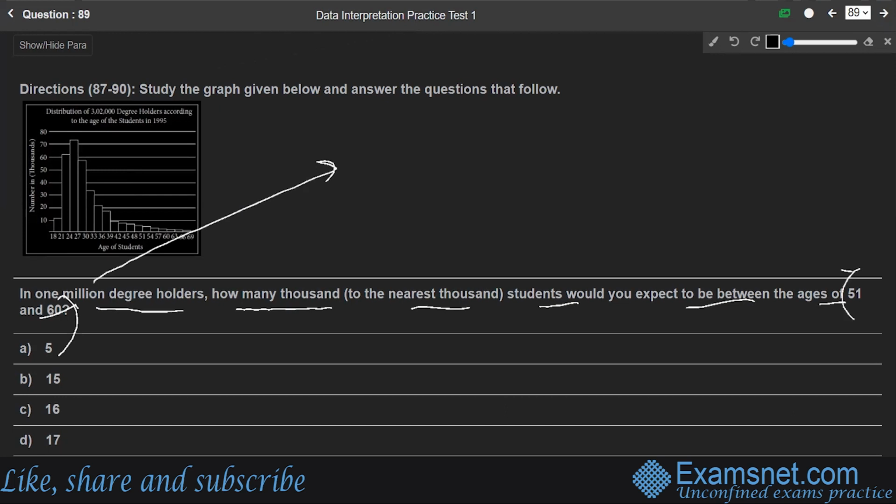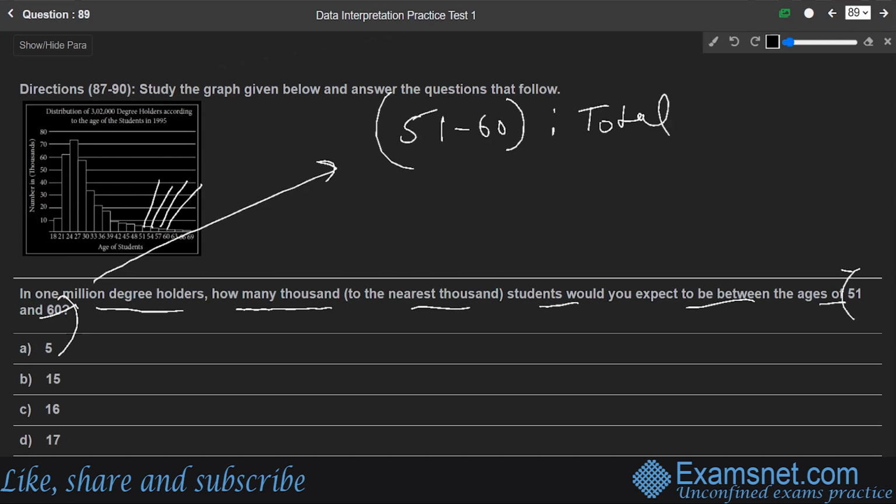So we have to find the percentage of 51 to 60 first, or we can do it by a ratio method also. If we go by the bar graph, the ratio of people graduated between 51 to 60 years to the total people who graduated. Let us see the graph for 51 to 60: 51 to 54 is this, 54 to 57 is this, and 57 to 60 is this.